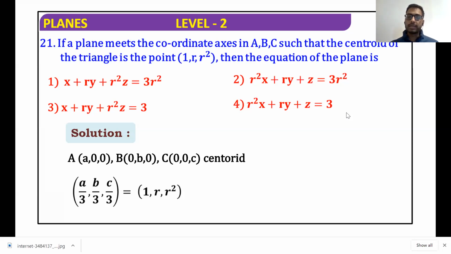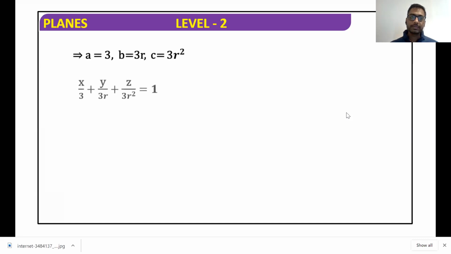However, the coordinates were given to us as 1, r, and r square, so we can equate them. a by 3 is equal to 1, therefore a should be equal to 3. Then b by 3 is equal to r, therefore b is equal to 3 into r. Then c by 3 is equal to r square, therefore c is equal to 3r square. Substitute them in the equation of plane, which is x by a plus y by b plus z by c is equal to 1, and simplify.